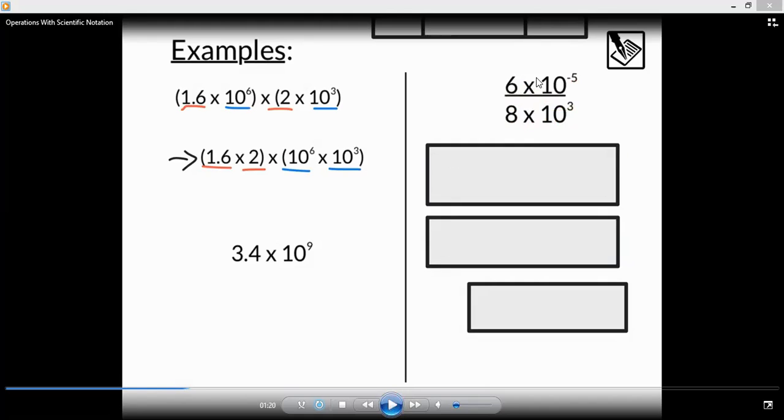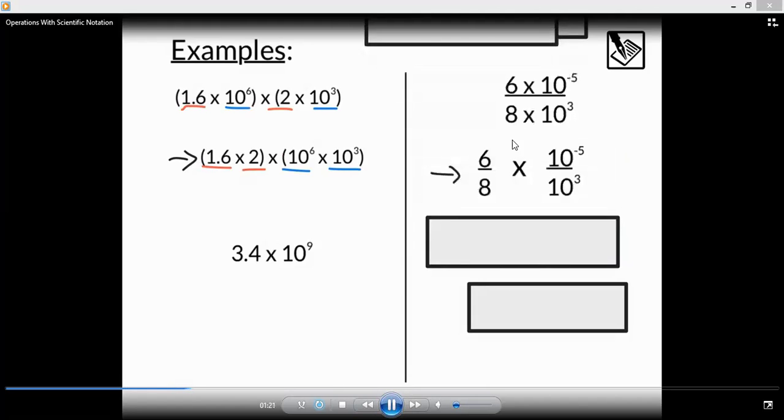In this question, you will find 6 times 10 to the power of negative 5 divided by 8 times 10 to the power of 3. We will try to divide this into two parts. I'm going to divide 6 over 8 on one side and 10 to the power of negative 5 divided by 10 to the power of 3 on the other.